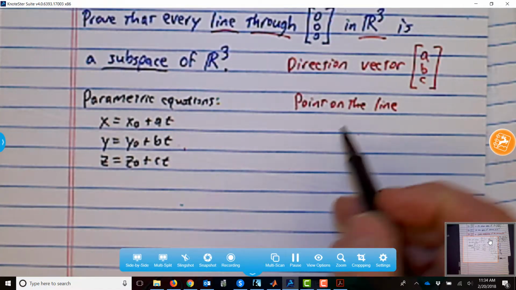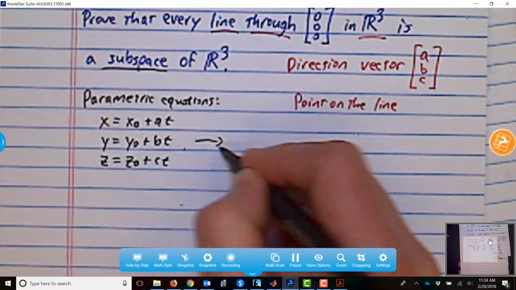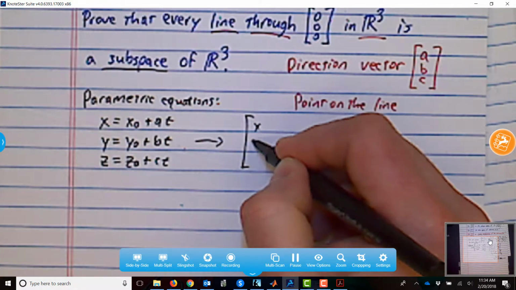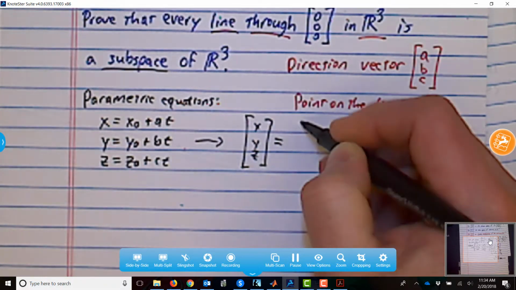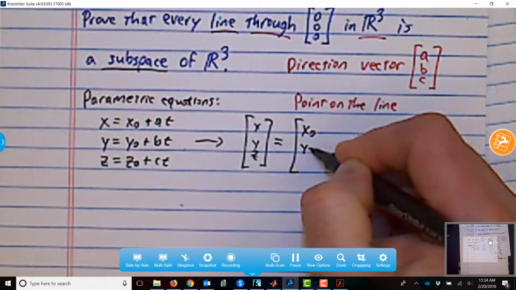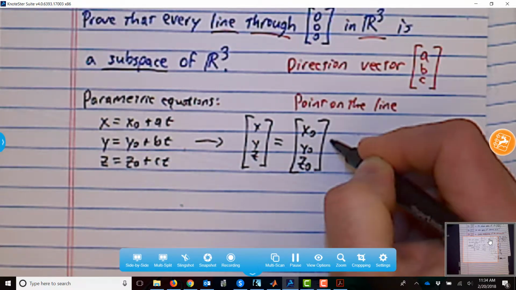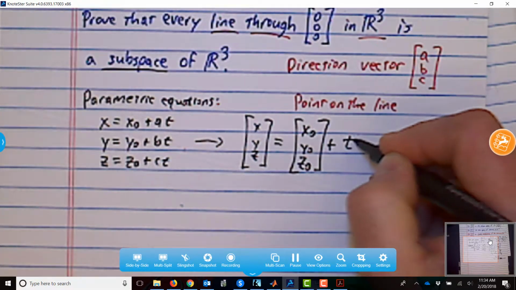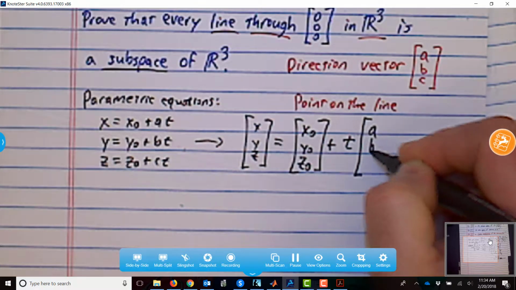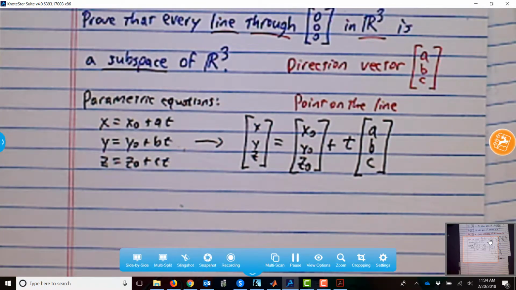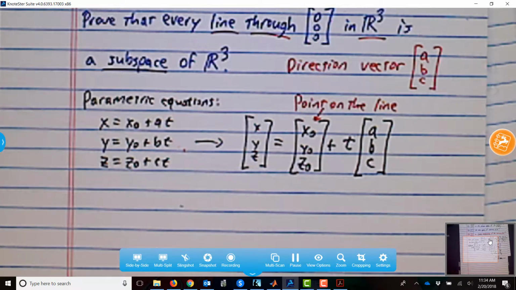But if you understand in terms of vectors, the fast way to write that is xyz is equal to x naught, y naught, z naught plus t times the direction vector. So the point on the line is just this initial x naught, y naught, z naught. The direction vector shows up next to the parameter. Who's with me so far? We did this, right?